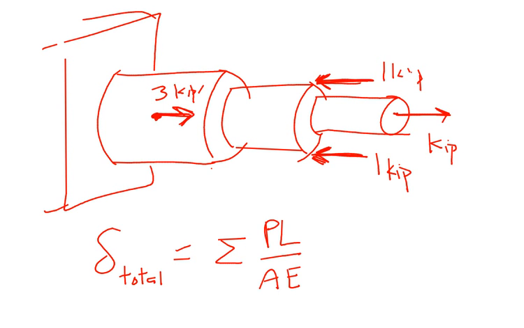So when you look at that, remember I had talked about making a cut. You make a cut anywhere within a segment to determine the internal force. Well, if you look at this portion here, what happens if you make a cut on this left piece, this largest piece? If you make a cut to the left of the 3 kip force, is the internal force there going to be the same as if you made a cut to the right of that 3 kip force?